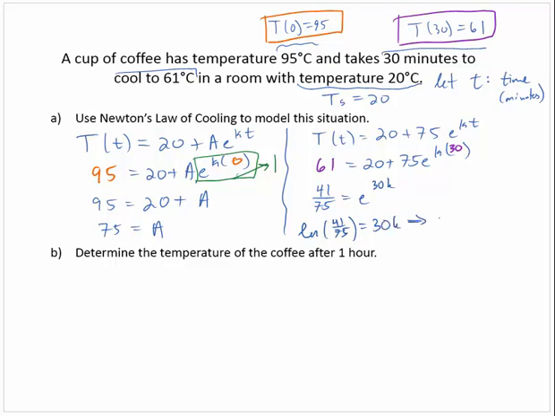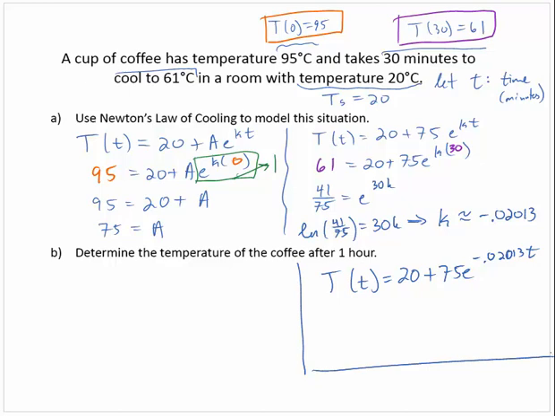And so dividing through by 30, k ends up being approximately negative 0.02013. And so then my model would be that T of t is equal to 20 plus 75 e to the negative 0.02013 t.